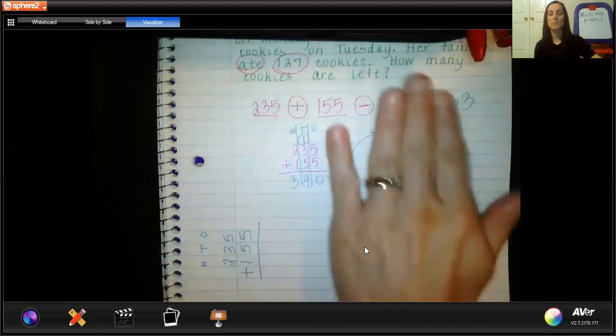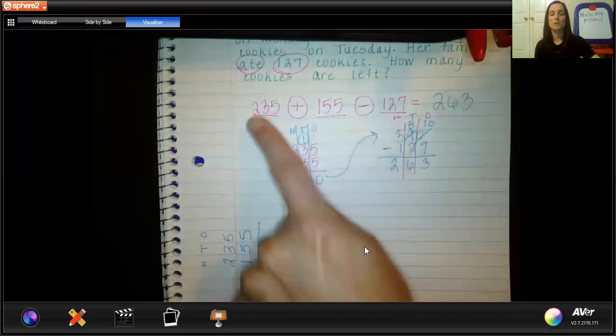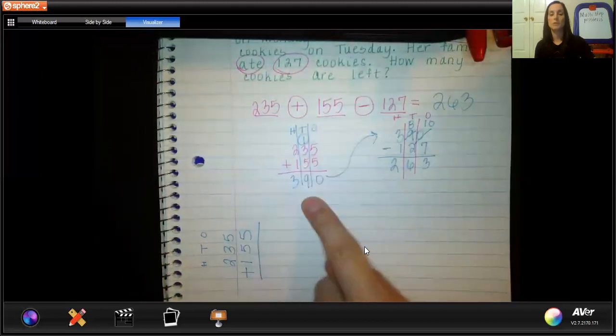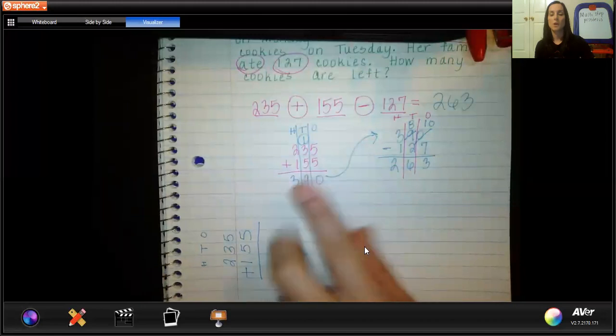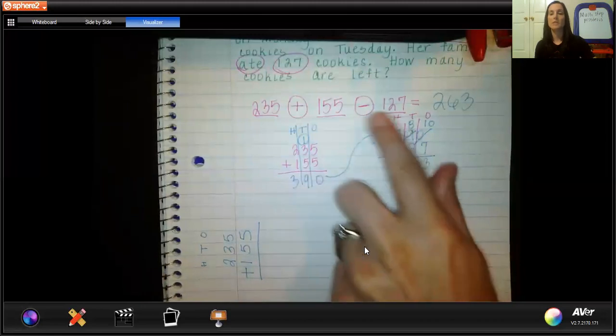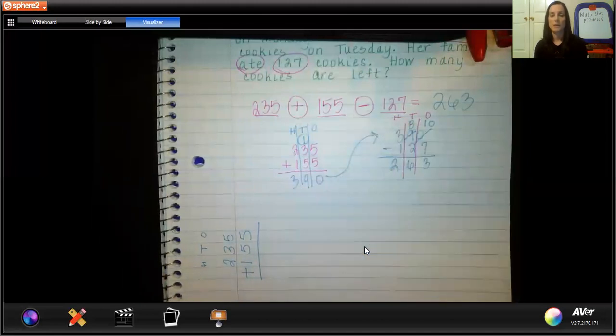Because remember, we split our numbers. So you should be doing 235 plus 155 first. Once we get our answer, we take our answer and then subtract that third number, okay? So that is our first example. We're going to do a couple more examples.